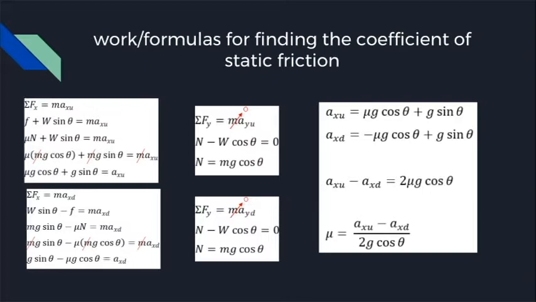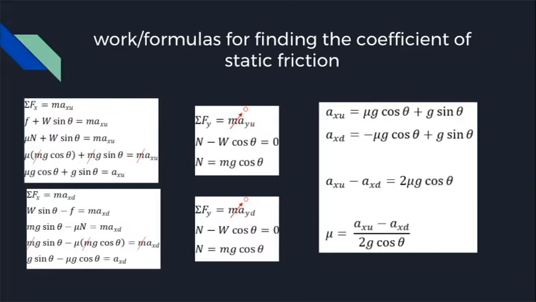We can get the normal force from the sum in the y direction. As we can see, the acceleration in the y as the cart goes up goes to 0. So our normal force will be equal to W cosine of theta, where W is just mg. So normal equals mg cosine of theta.